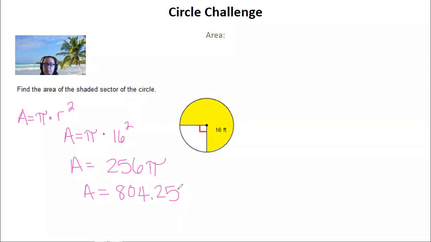Very good. So now what do you guys think I should be able to divide by to get the area of this sector? Since it's a nice 90-degree angle, right? That's what that little chunk means that was taken out of my area. What should I be able to divide by to get the area?